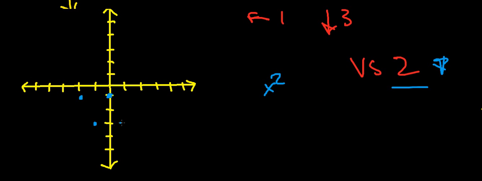So I'm going to go 1, 2, and then 1, 2, 3, 4, 5, 6, 7, 8. Right there. And same thing for the negatives. I'm going to go from the vertex over 1, 2, and then 1, 2, 3, 4, 5, 6, 7, 8. Here is our graph.